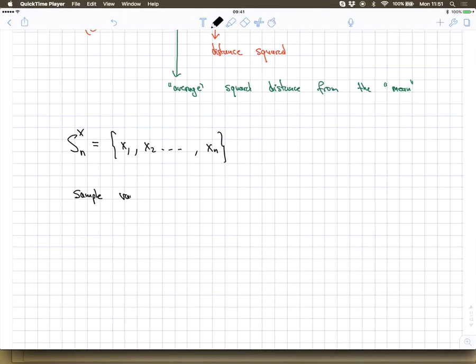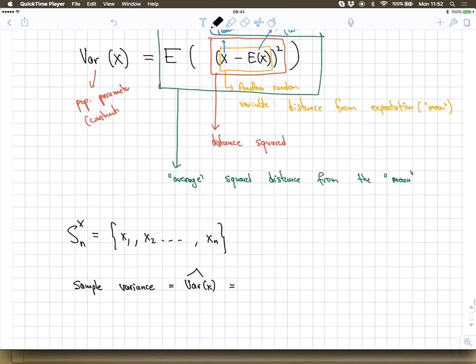Sample variance, which I can call variance of x hat, because it's a sample one. So usually when we talk about samples or estimators, we're going to put a hat on this stuff. What can this be equal to? What would be the sample analog of that?